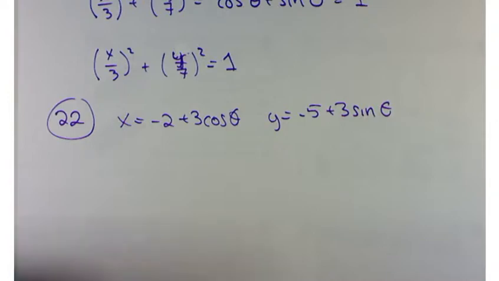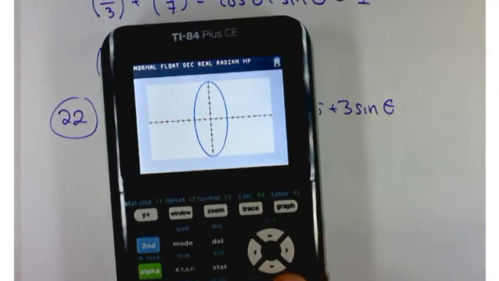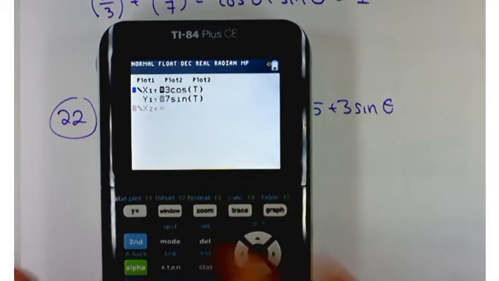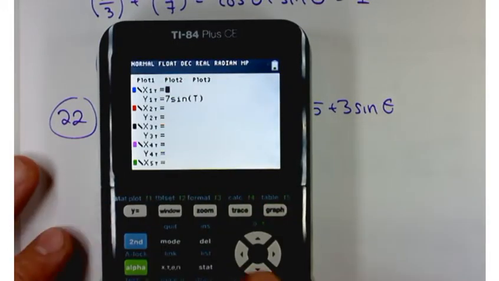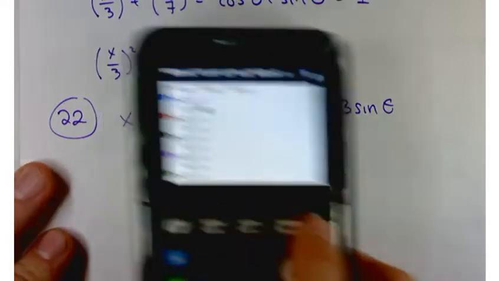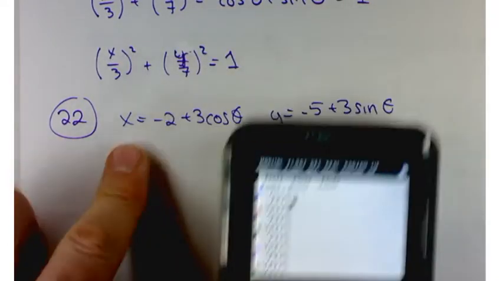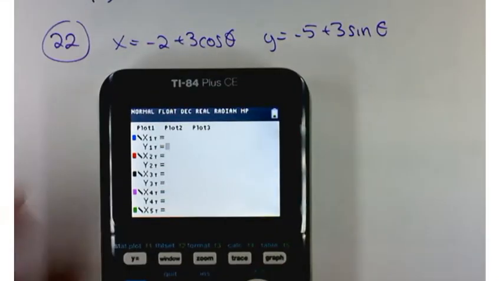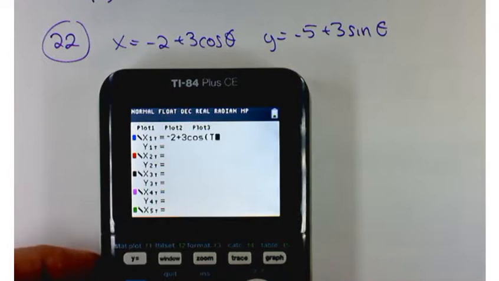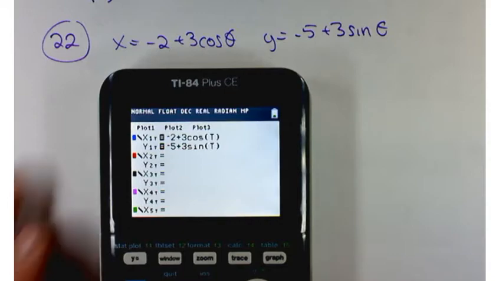Okay, let's do that. Let's enter in each of these equations and see what the graph looks like. So we'll do x is -2 plus 3 cosine of theta, or in our case t, and then y is -5 plus 3 sine of theta, and again, in our case t.